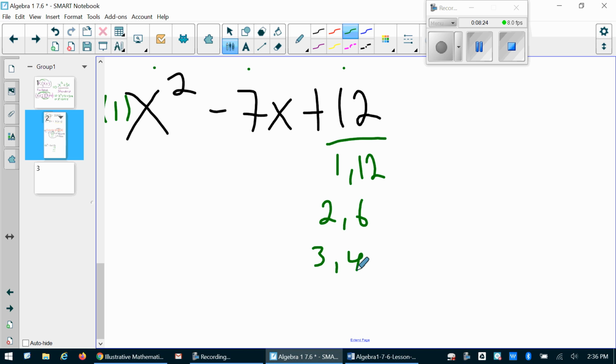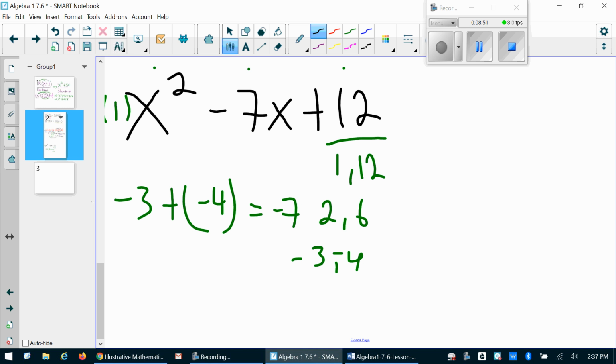Well, let's make one of them negative. Let's start with 3 and 4. -3 times 4 is -12. I need those to multiply to be positive 12. If we make them both negative, -3 times -4 is positive 12, and those also add to be -7, so this one works.